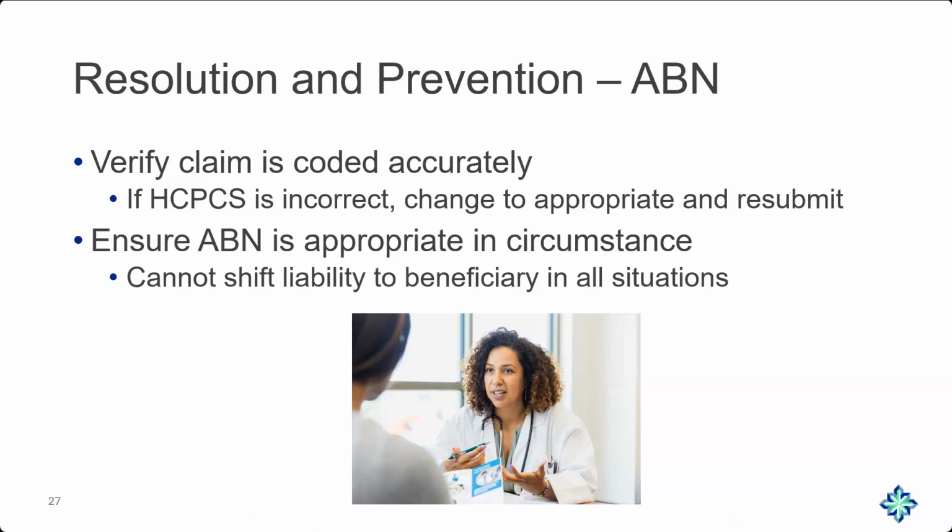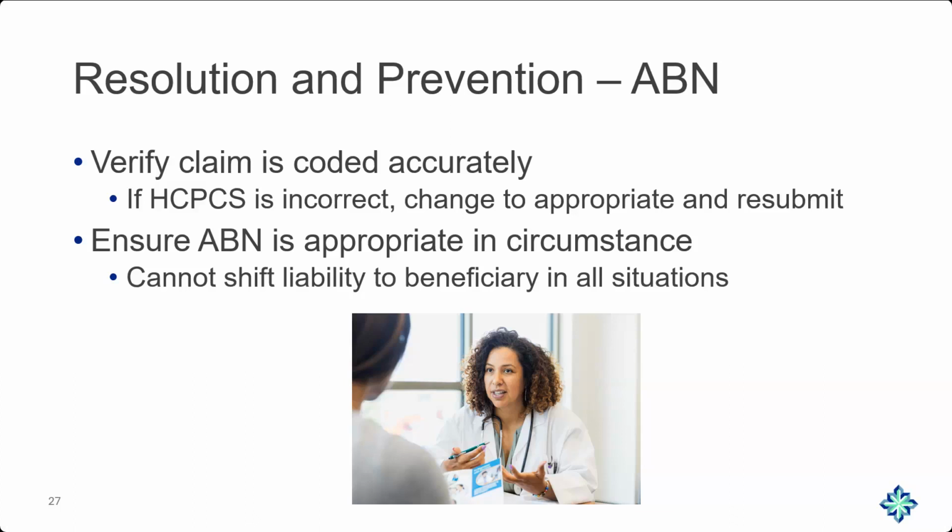Make sure you are familiar with the ABN guidelines. I don't expect anyone to memorize Medicare regulations. That is almost impossible to do. But become familiar with them, know where to find those guidelines if you need to look back at them. Make sure you're using correct modifiers and occurrence codes for the situation.